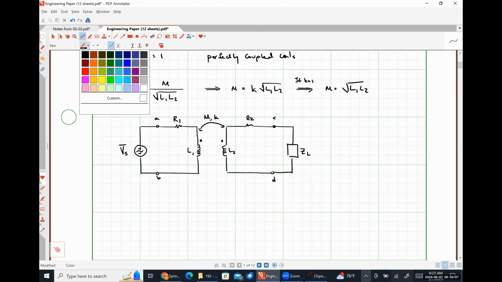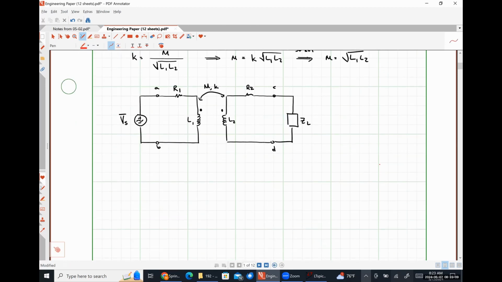So generally speaking, one coil and its associated resistance is called the primary side of a transformer, and the other coil and its associated resistance is called the secondary side of a transformer.